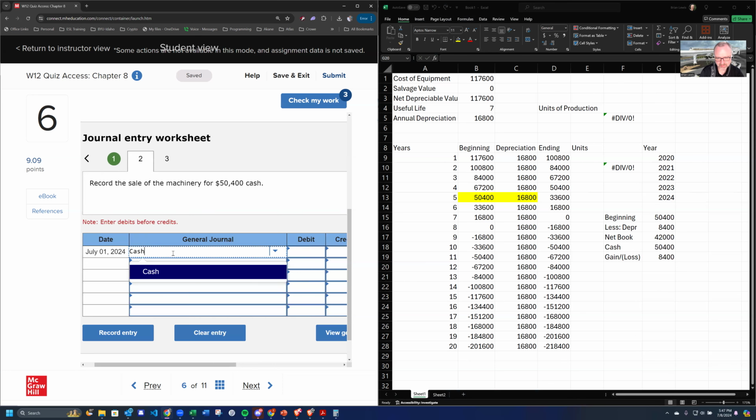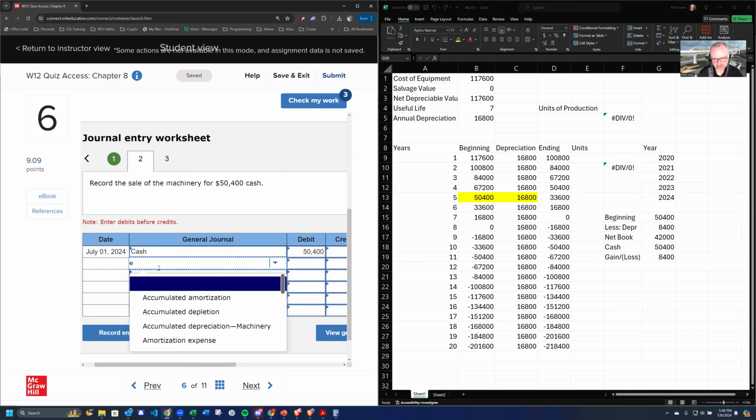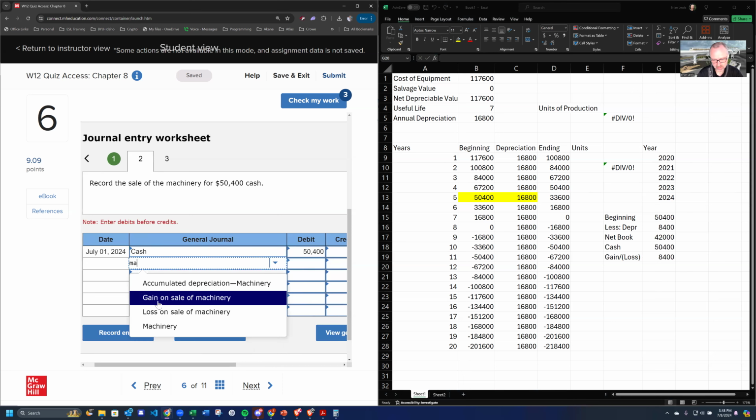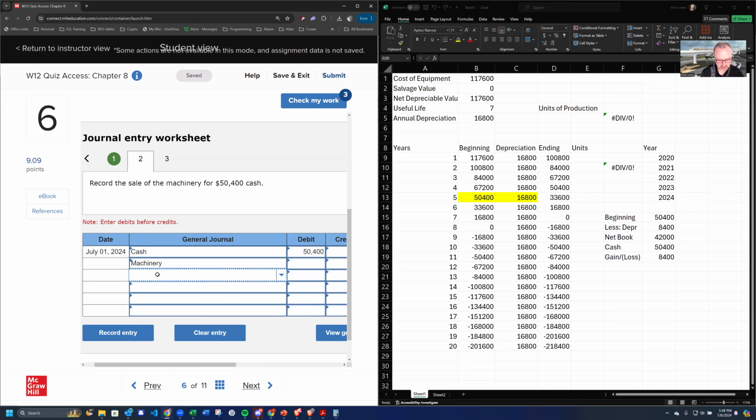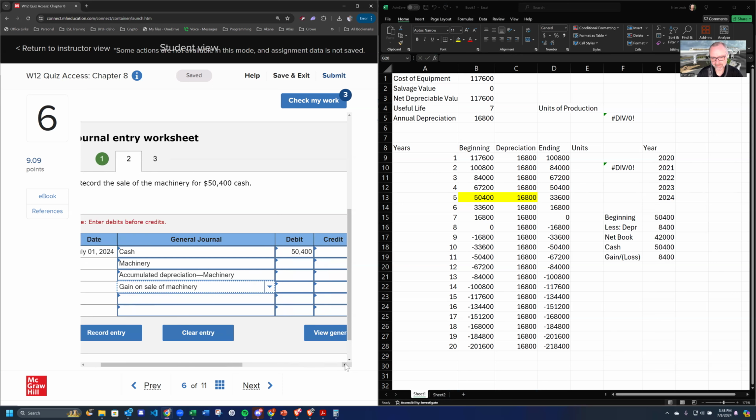So first, let's do the cash, and this for 5,400. And then we're going to have to do the net book value, which first removes the cost of equipment. Machinery. We want to have the accumulated depreciation for machinery, and we have a gain or loss on the sale. These are our three.